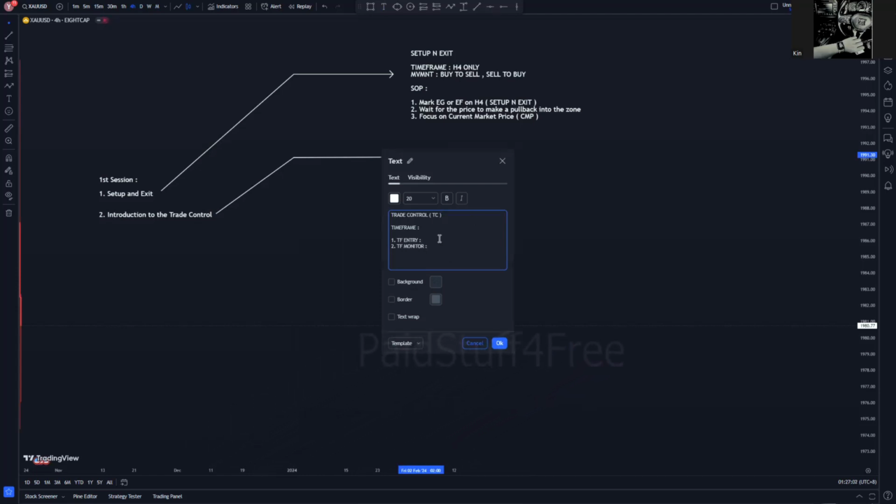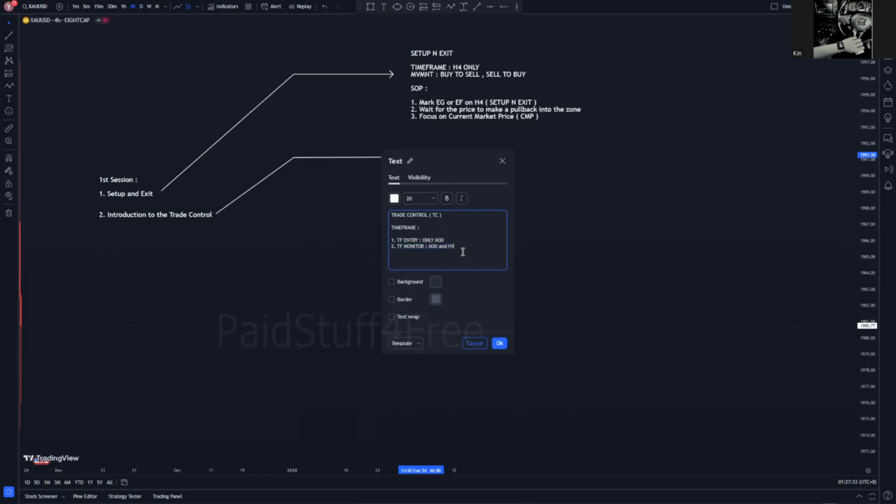The time frame for entry is only M30, just M30. That's it. And the time frame for us to monitor is M30 and H1. In this first session and the second session, I am not going to discuss the time frame for monitor yet, because I am going to discuss it in our third session.